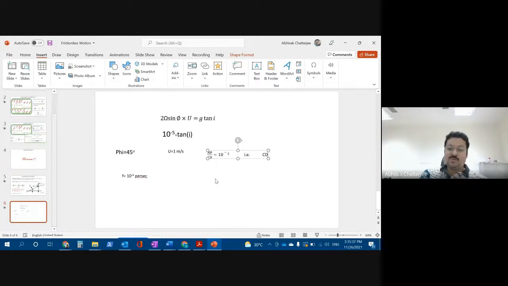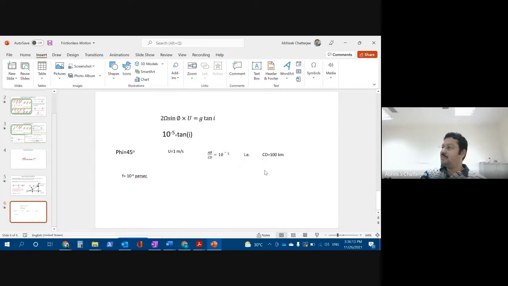CD equals to 10 to the power 5 meter, if my AB equals to 1. That means my height is 1 meter because of the 1 meter current, the height of the hump will be about 1 meter. But in that case, what is the radius of that hump? The radius of the hump will be 10 to the power 5 meter. That means 100 kilometer.